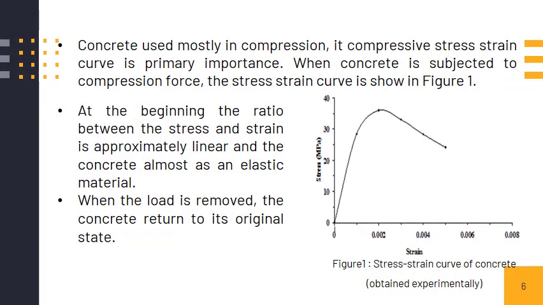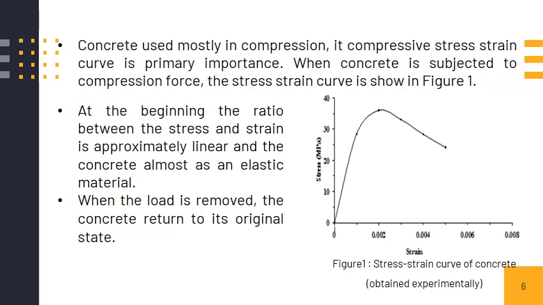When we tested concrete cylinder under compression, we not just know the maximum compressive stress, but also we know how the behavior when the concrete fails. Normally, we can assess behavior through plotting a stress strain diagram. If you see in figure 1, it is the stress strain curve for concrete.